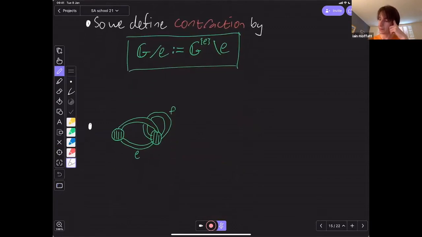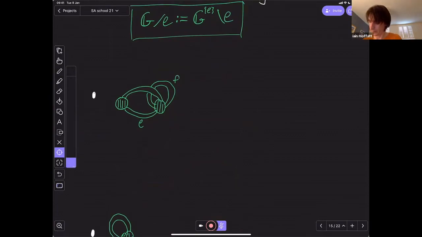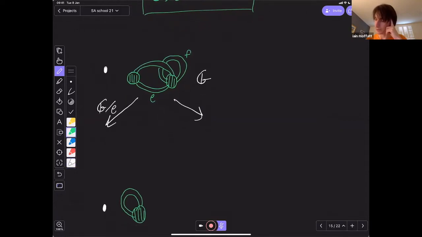And this really has unexpected properties. Often it would behave as you expect. If this was my G, and I contract E, all of this, when a partial dual is taken and then deleted, would get identified as a single vertex.